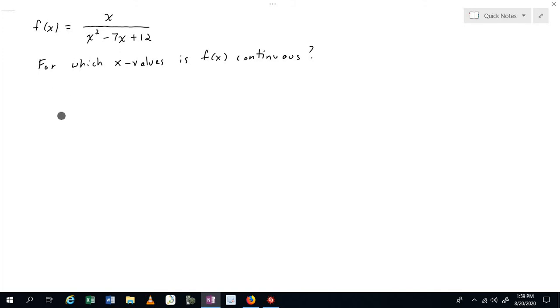Okay, so according to the previous theorem, since this is a rational function, a polynomial divided by a polynomial, the previous theorem said that rational functions are continuous at all x values where the bottom polynomial is not equal to 0. So let's set the bottom to 0 and find out which x values make this denominator equal to 0.